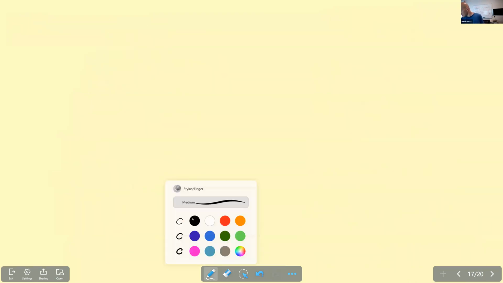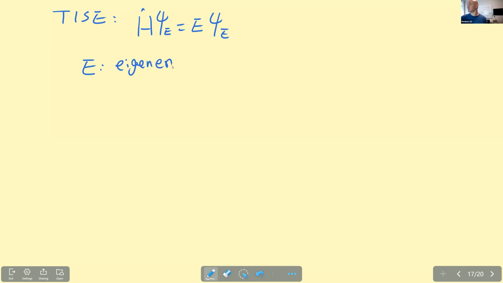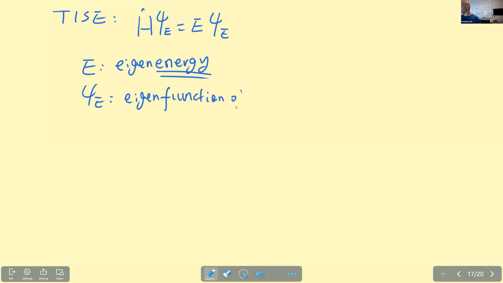Right, so let me recap. The time-independent Schrodinger equation is given by H phi_E equals E phi_E. This E is called the eigenenergy, and phi_E is called the eigenfunction of the Hamiltonian.